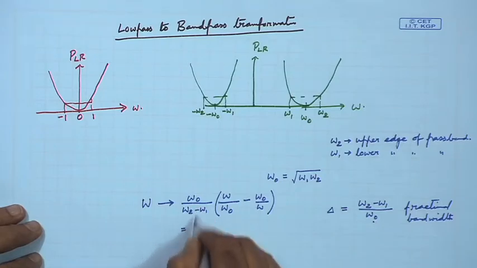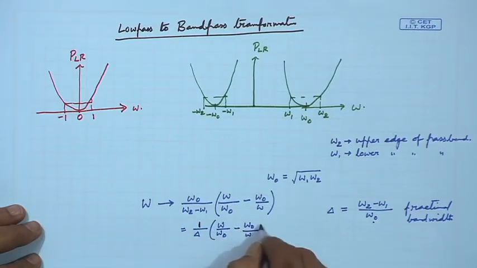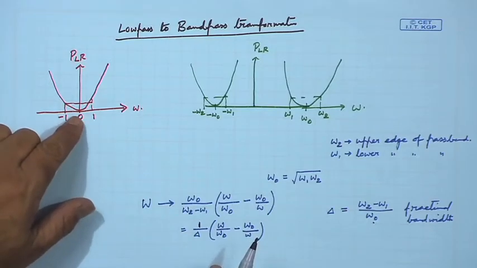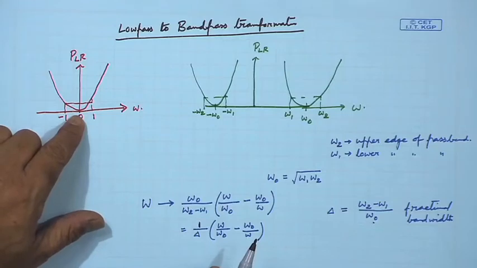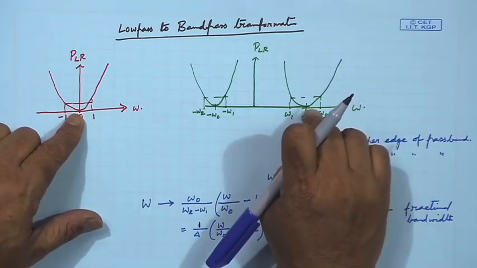So, in terms of that, this side I can write as 1 by delta into omega by omega naught minus omega naught by omega. Now, you see that I want this point, the minimum attenuation point, the minimum insertion loss point in the pass band, to be mapped to omega naught.